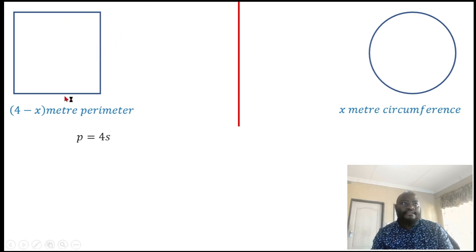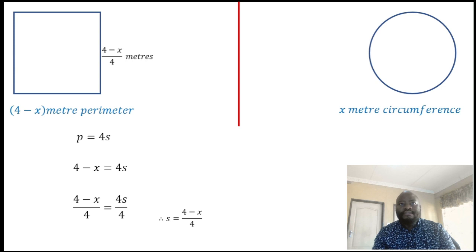There's s, s, s and s here, so we add them and we get 4s for the perimeter. So the perimeter is now 4 minus x, which means we can substitute 4 minus x where there's p. Then going down, we divide both sides by 4, and we get one side length to be 4 minus x over 4. And let's put it up there.